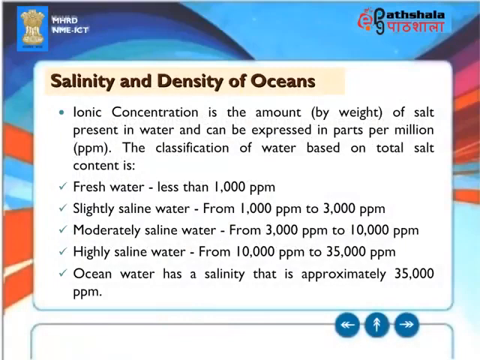Salinity and density of oceans. Ionic concentration is the amount by weight of salt present in water, and can be expressed in parts per million, ppm.